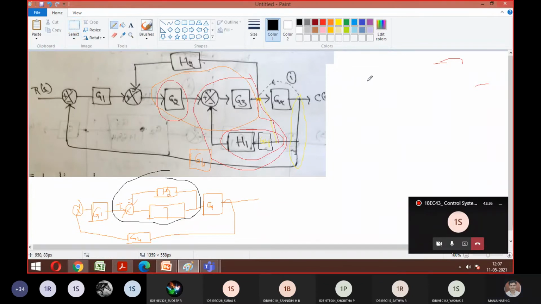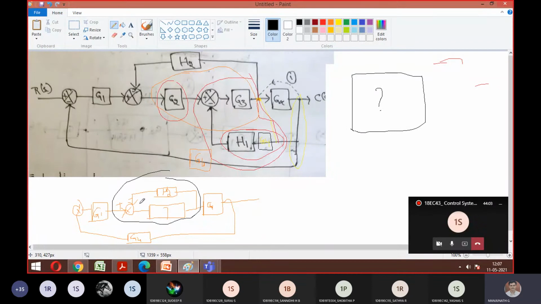So make that completely one block. The answer for this is G2, G3 divided by 1 plus G3, G4, H1, whole divided by 1 plus H2 into the numerator. Is it okay to everyone?